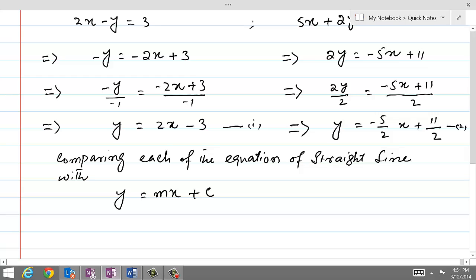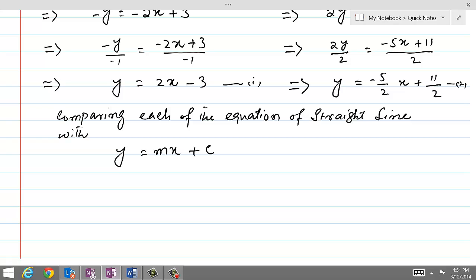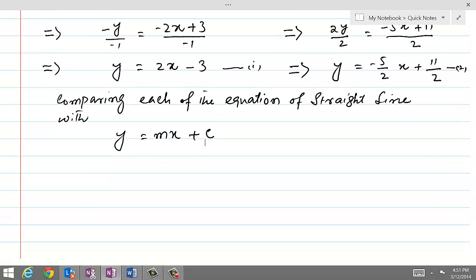Here when we compare y is equal to 2x minus 3 with y is equal to mx plus c, m is slope and c is y-intercept. Y-intercept means the point where line intersects y-axis. So here the value of m this way we get is equal to 2.